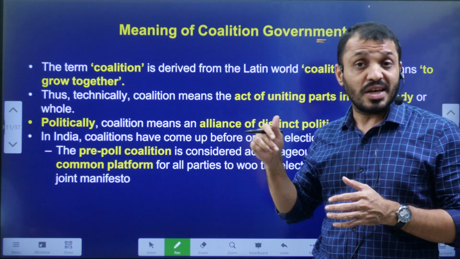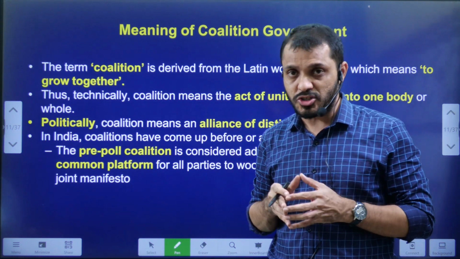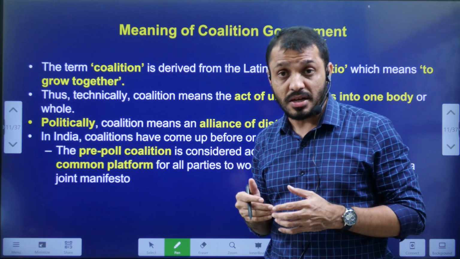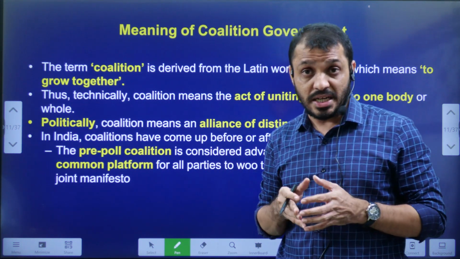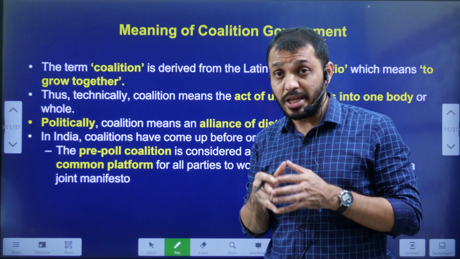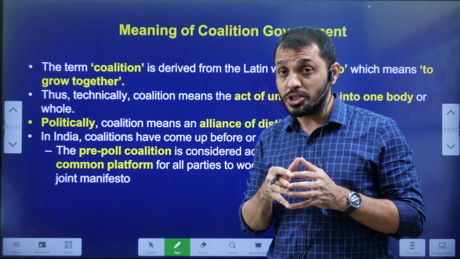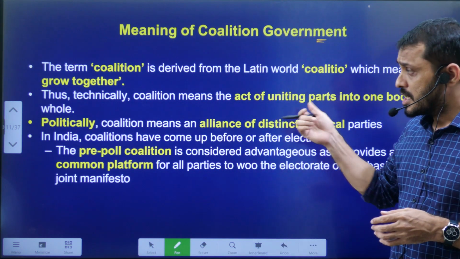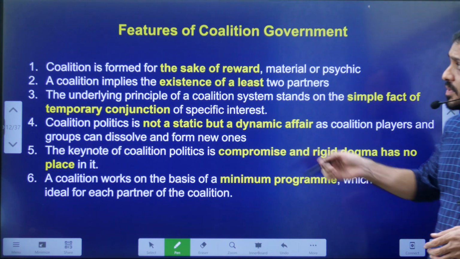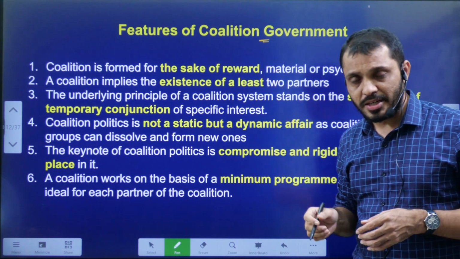Whichever coalition we are talking about now, it is the coalition before the election. If you observe Maharashtra, in the previous elections, after the election result was declared, Shiv Sena, NCP and Congress formed a new coalition. That was a coalition after elections. So coalition means they are coming together into one body. Then the features of the coalition government.